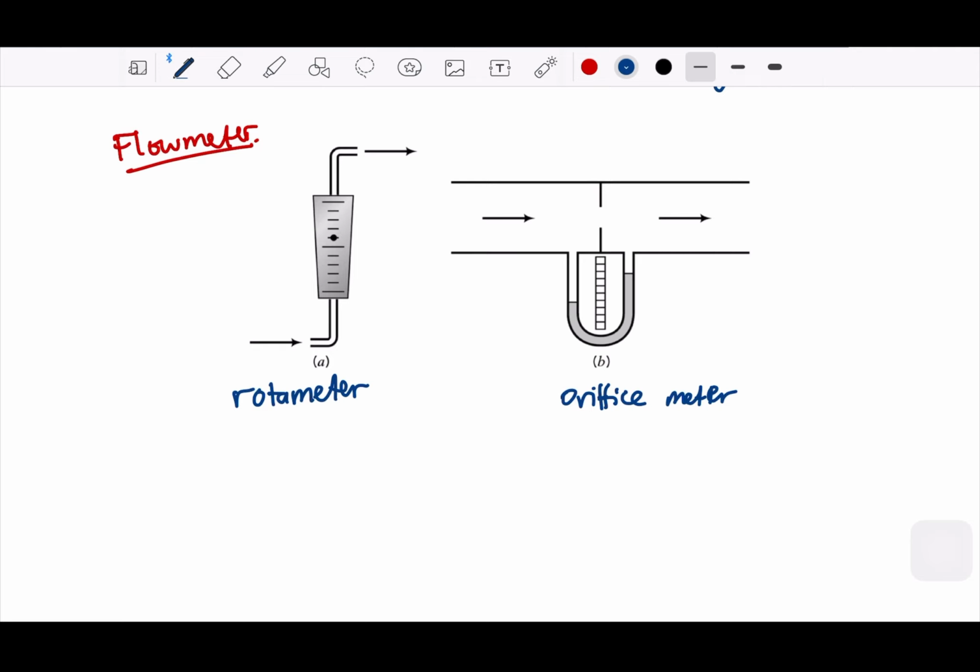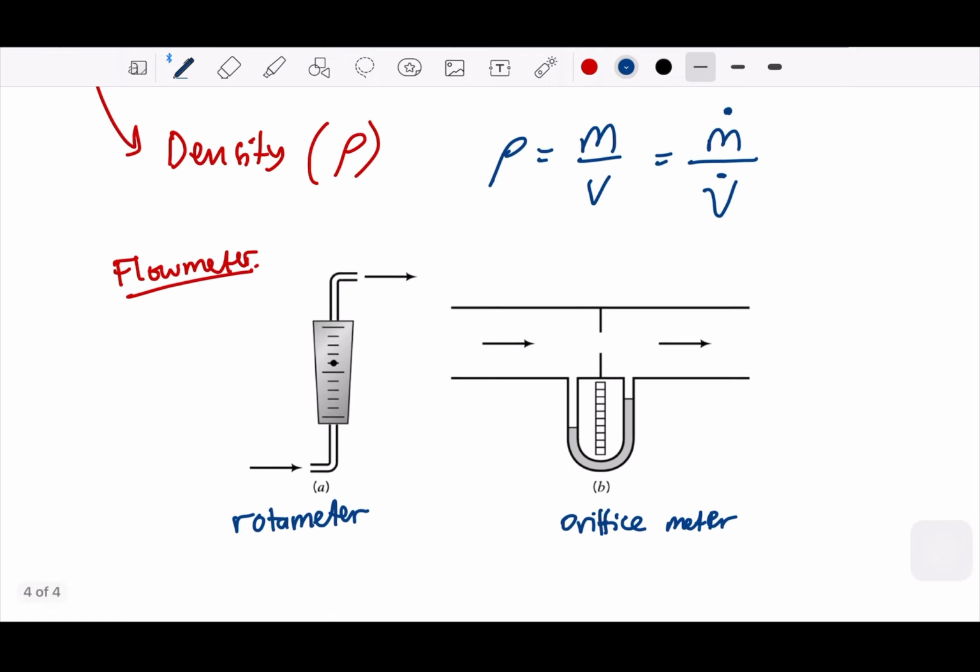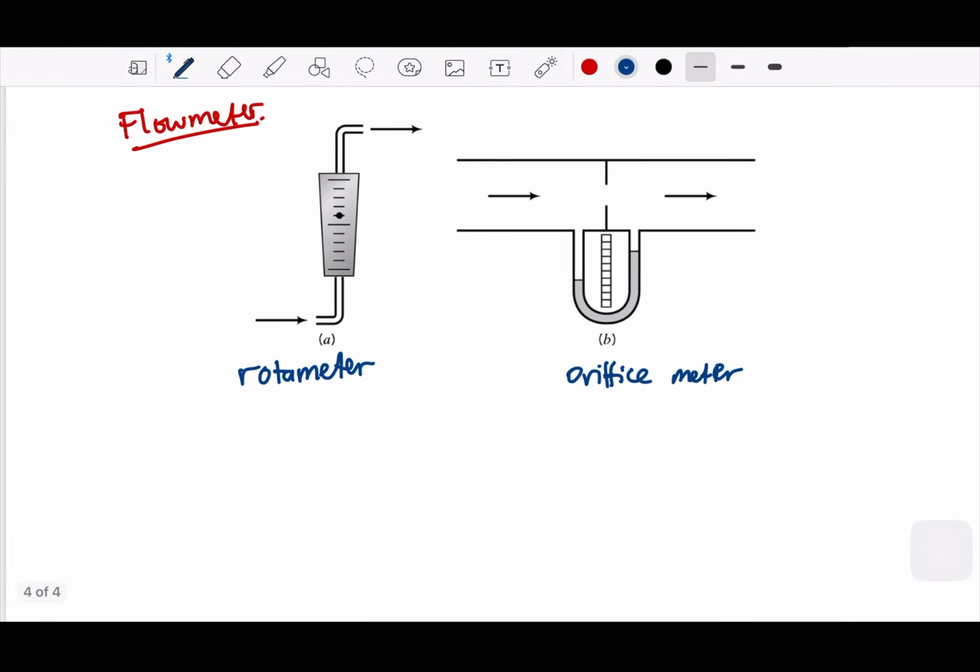Okay, I don't think this is important. I think I can just show you the essential variables that are in our subject. Okay.